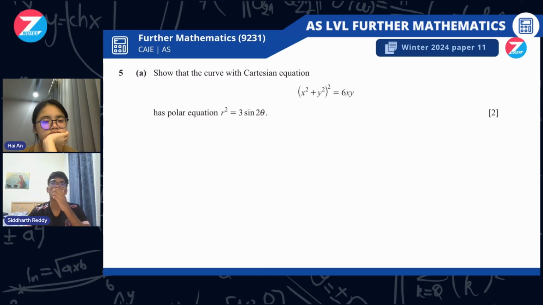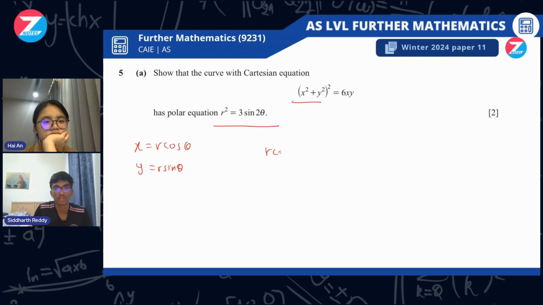Okay. Show that the curve with Cartesian equation x squared plus y squared, whole squared, is equal to 6xy has this polar equation. So this is pretty simple. All you have to do is x is equal to r cos theta and y is equal to r sine theta. So substitute those into this equation.